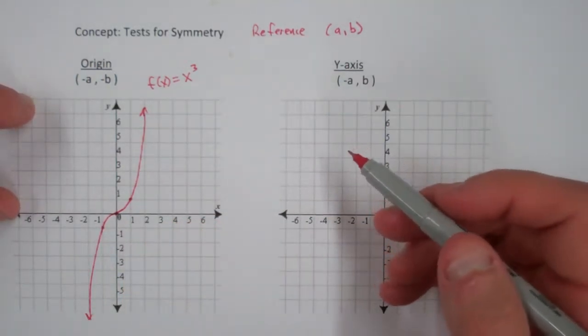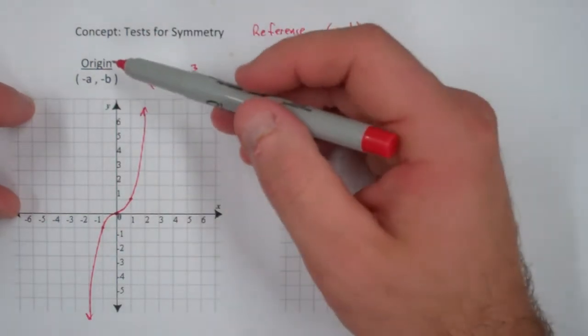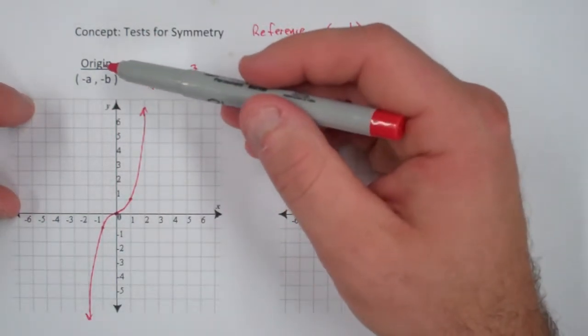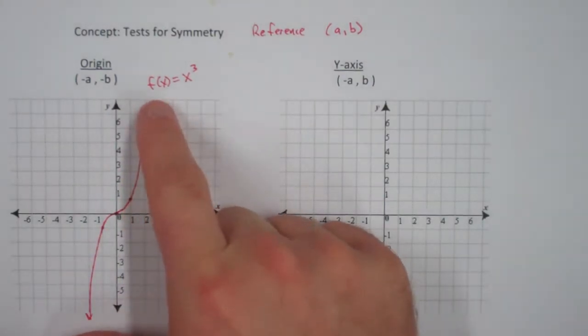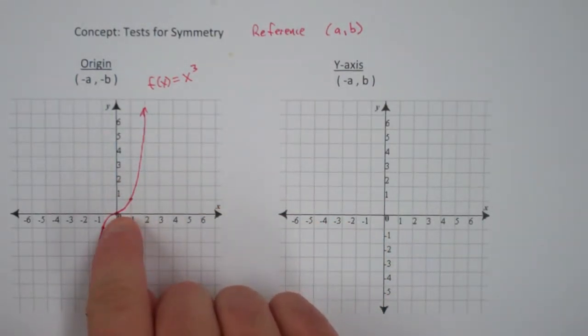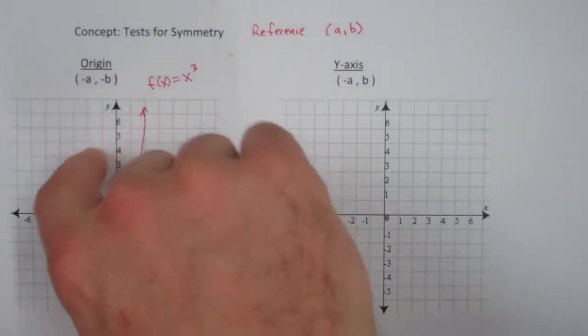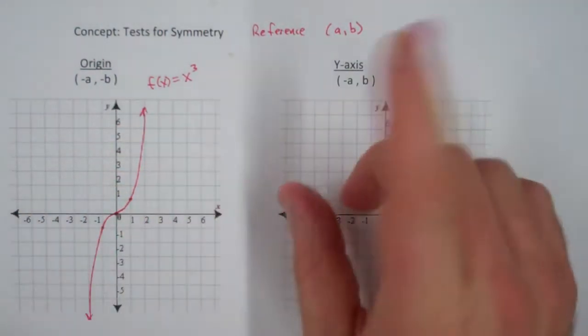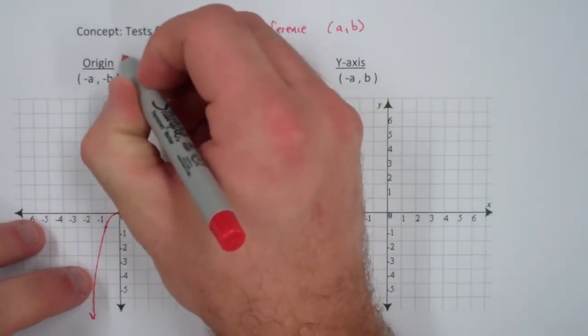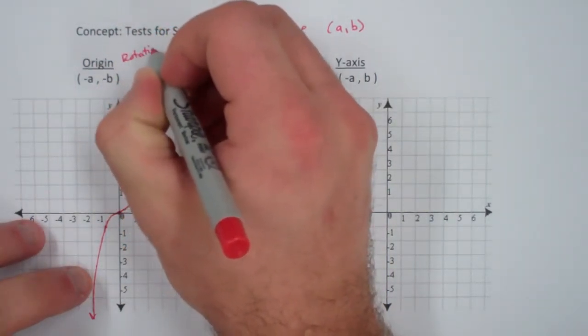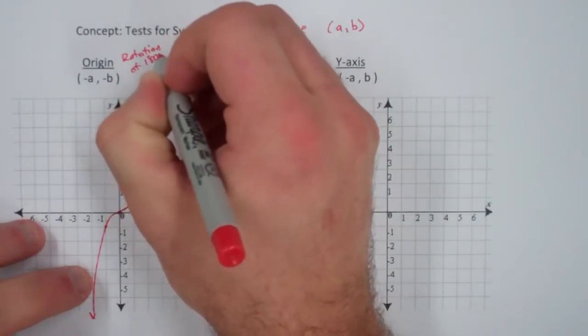Okay. So the deal is with the origin, symmetry about a point is rotational, and we're imagining that if we took this graph centered at the origin here and rotated it about the origin 180 degrees. So we can say that symmetry around the origin is a rotation of 180 degrees.